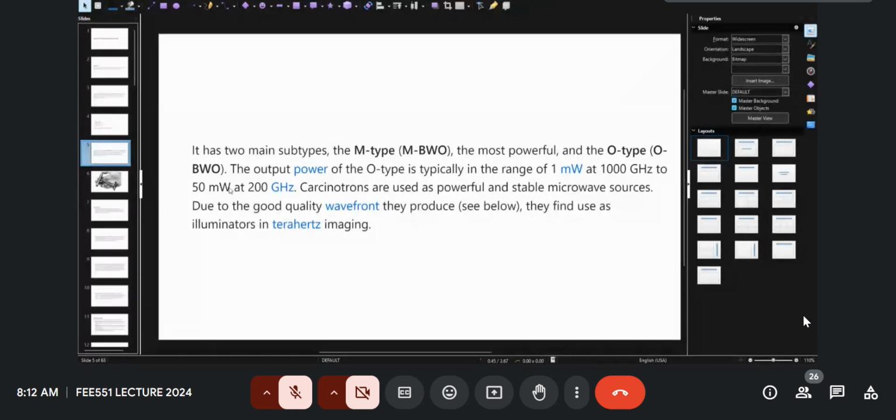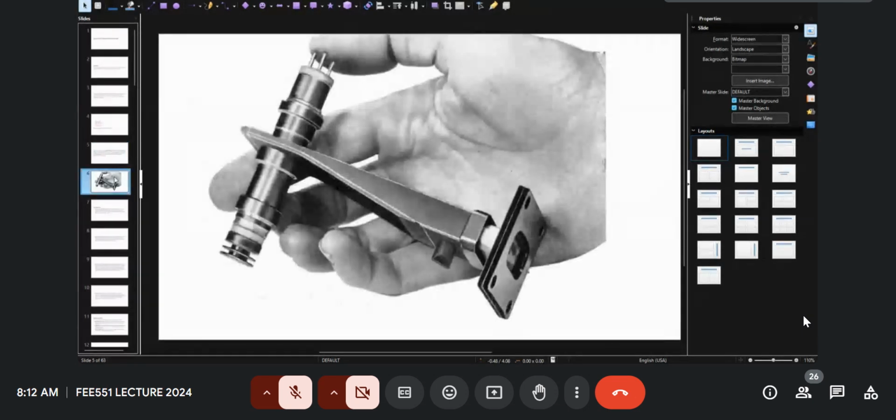And yeah, they are found for imaging. You'll get to see the applications later. This is a miniature. This should be the miniature O type, and this is the one that was developed in the 50s, 1952, or 56 actually.